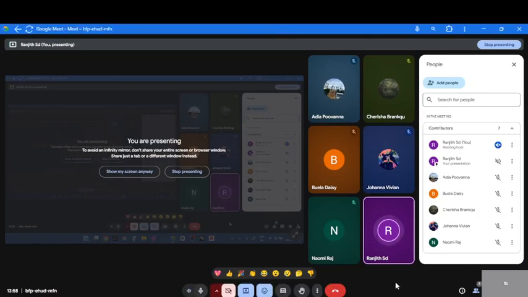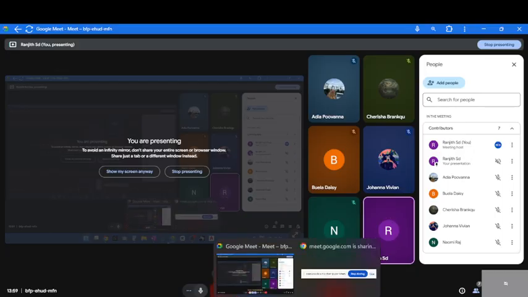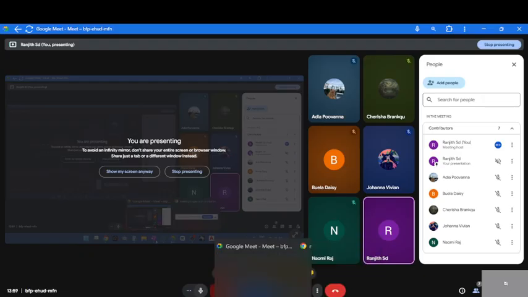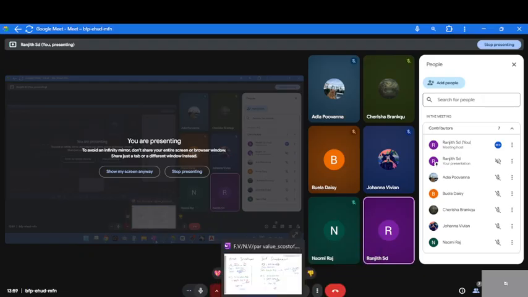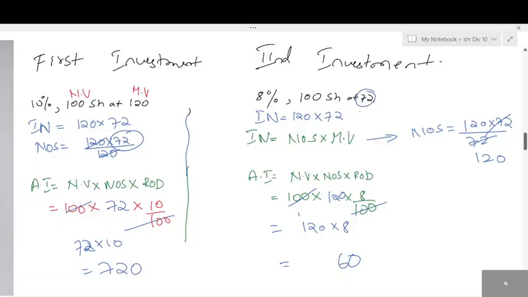Yes, Naomi, why is it the second investment? What's the reason? Very good. 960, right? And for the first one, it is 720.